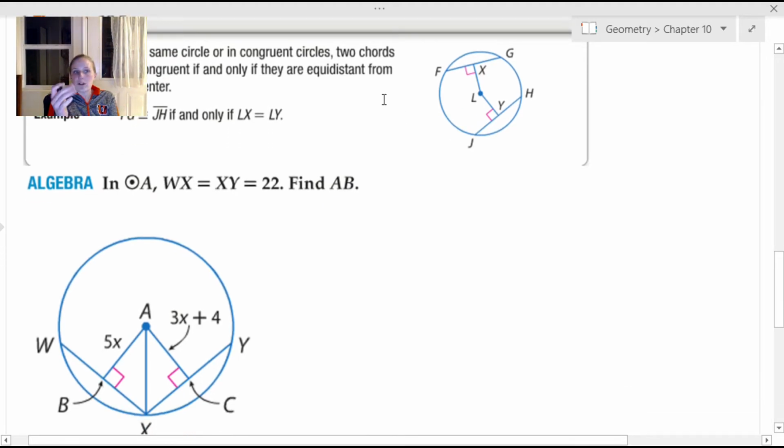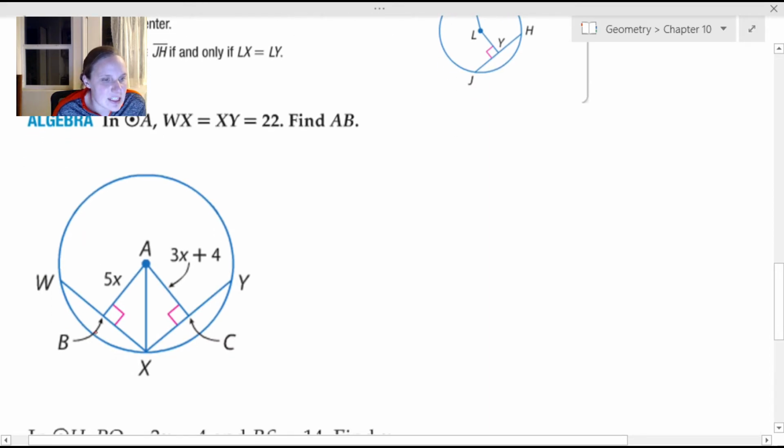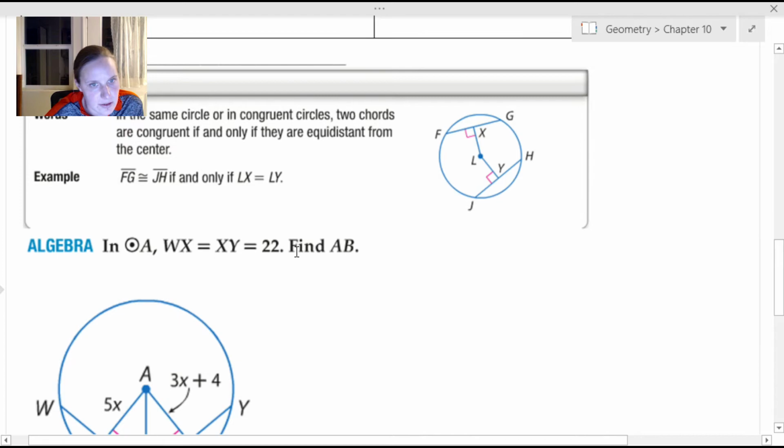A whole nother theorem. In the same circle or congruent circles, two chords are congruent if and only if they are equidistant from the center. So they're saying that these two chords, let's use their segments. So FG is congruent to GH if and only if these two segments, LX and LY, are congruent.